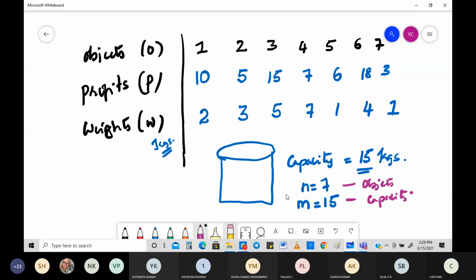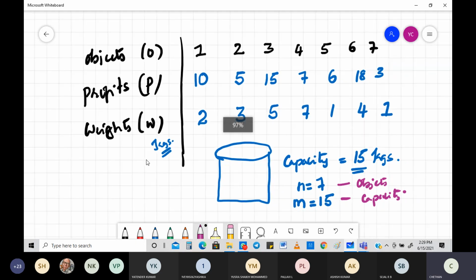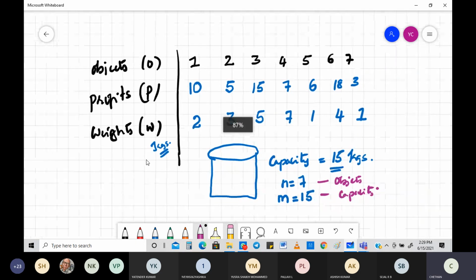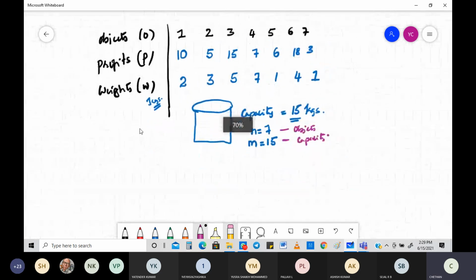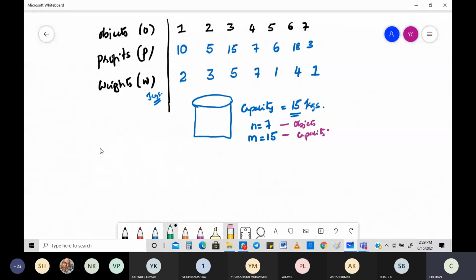Our job. What is our job? The constraints are given, but the objective is forgotten. What is the objective here? The first objective is that you need to put all those items into the knapsack.